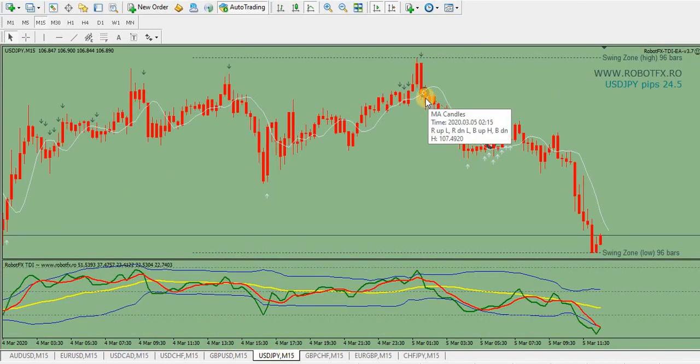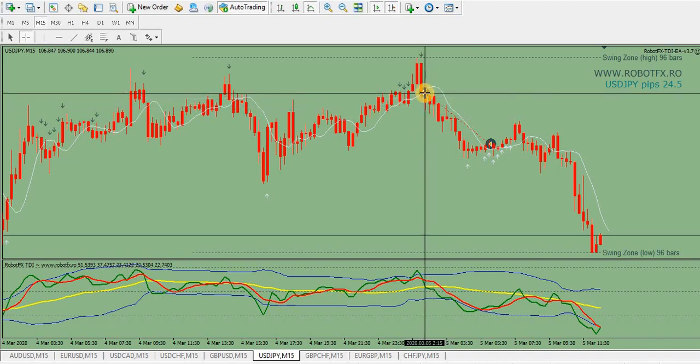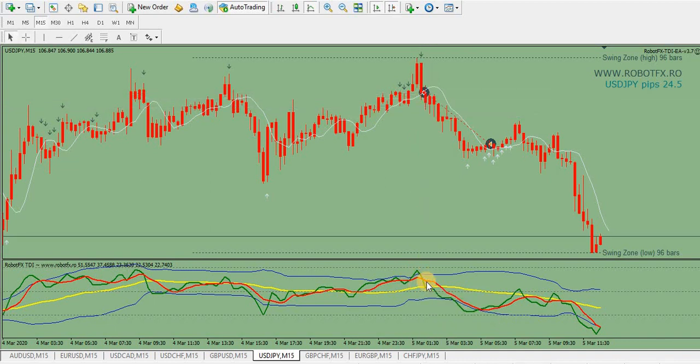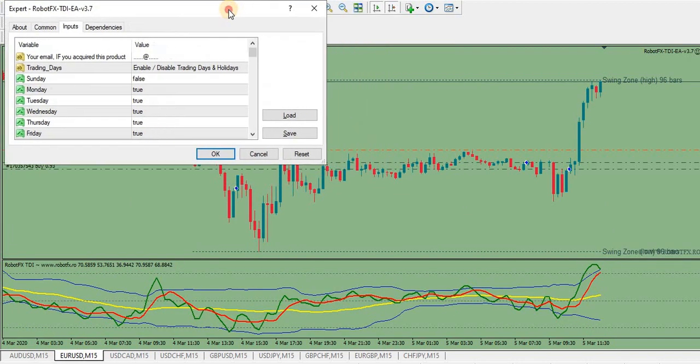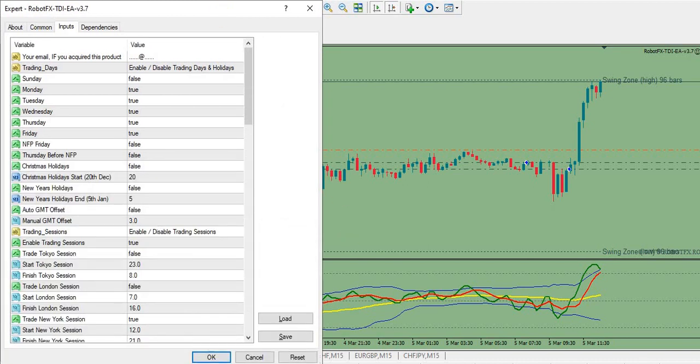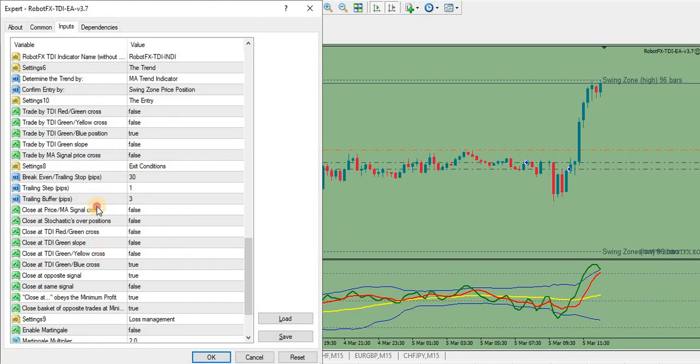In this example, here the trade was open at the blue volatility bands, green blue cross, if I remember well, and it closed when the price rose above the moving average signal, which is this white line. So that's one option. Close a trade when the price crosses the moving average signal, or close a trade when the stochastic enters one of its over positions.